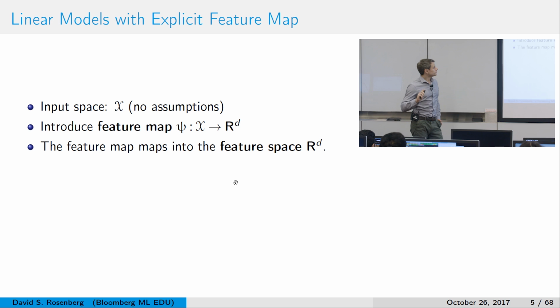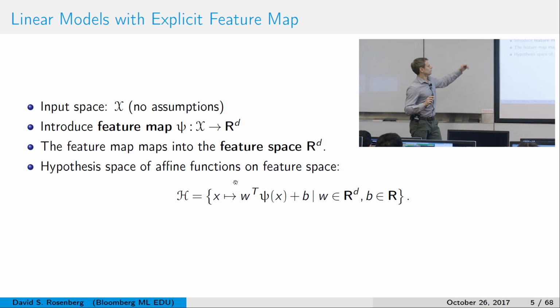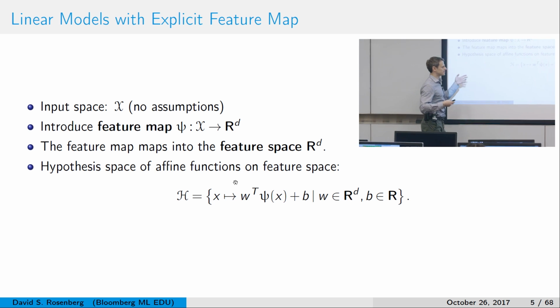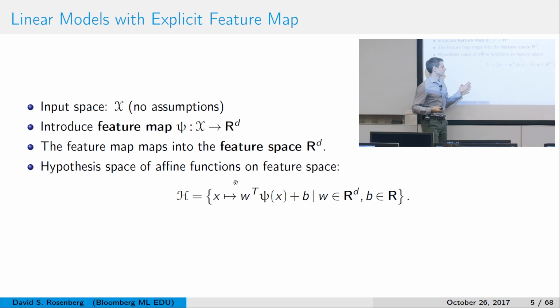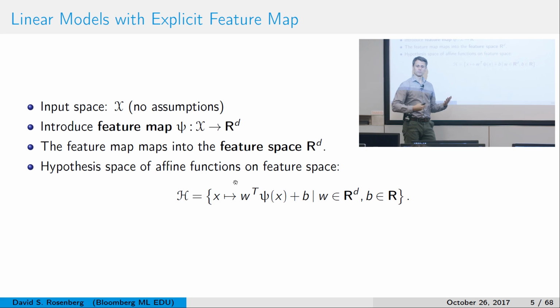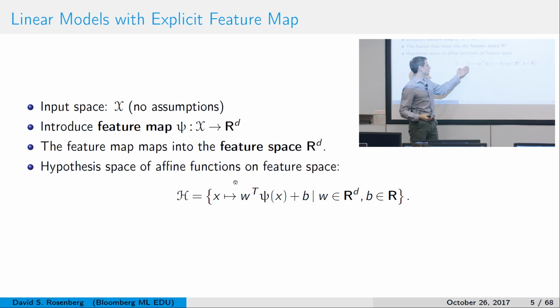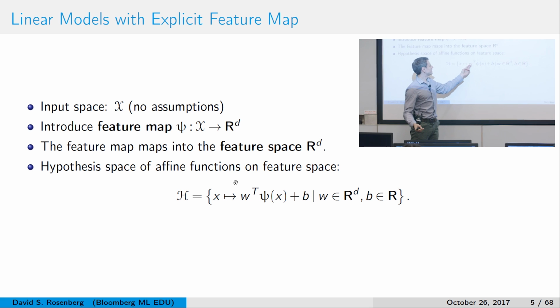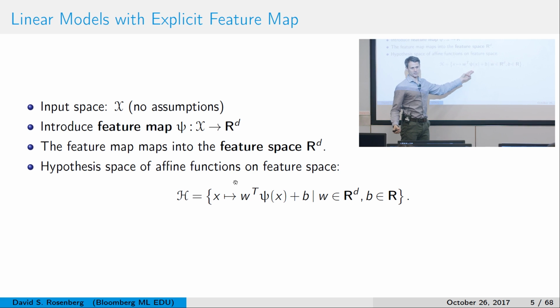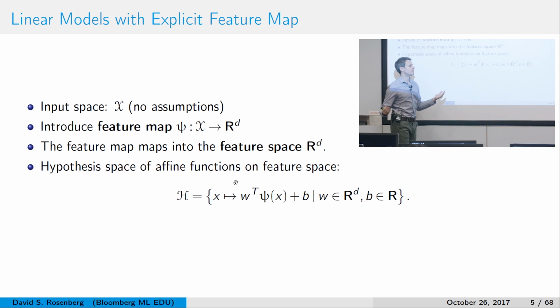And we can introduce a hypothesis space that makes explicit this featurization. So now the hypothesis space consists of prediction functions mapping from this original input X, which we make no assumptions about, into this linear transformation of the featurized version of X. So the psi of X lives in a nice d-dimensional vector space.